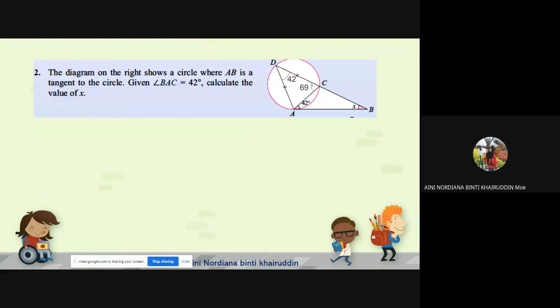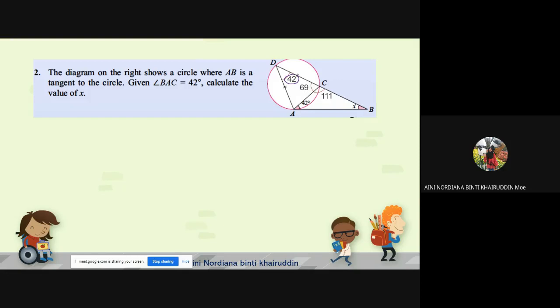Now you can calculate this angle because this is an isosceles triangle. So in order to get this angle, 180 minus 42 and then divide by 2. You will get 96. After you get this angle, you can calculate this angle, which is 111. 180 minus 96.